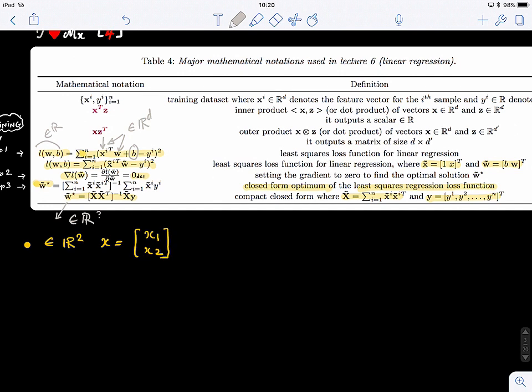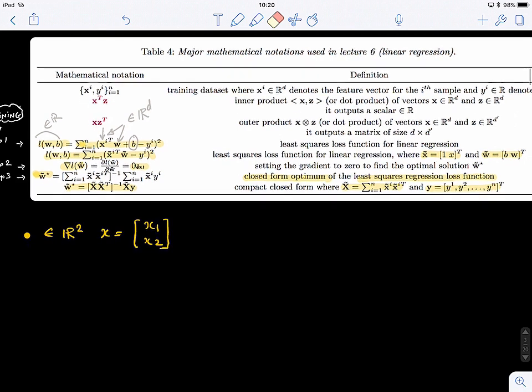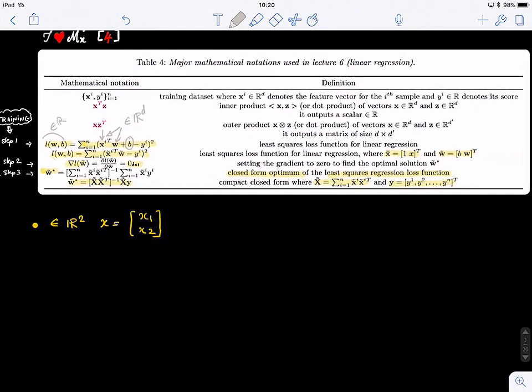So, let's do it step by step. For example, let's say we have a training sample. So this is our training sample. It belongs to R^2. It has two features. In this case, if you remember, it can be the shape of the ear, but we want to predict something else, right?